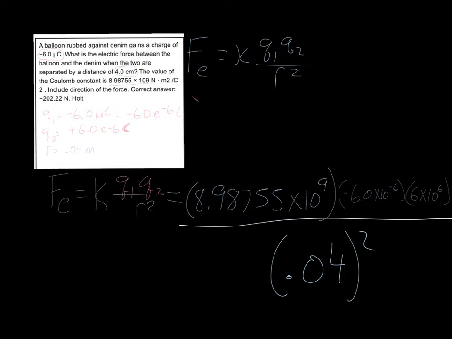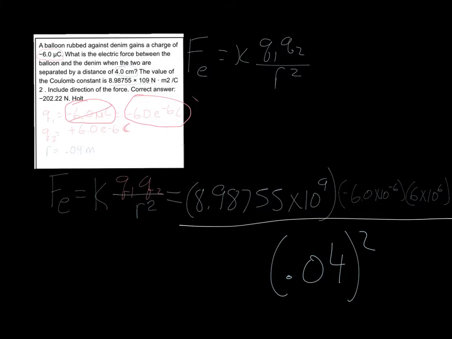All right, we see here that I went ahead and entered in all the numbers that we were given. I make a note that here we didn't use the microcoulombs, we used the coulombs. And don't forget, if you're given microcoulombs, you've got to convert it.